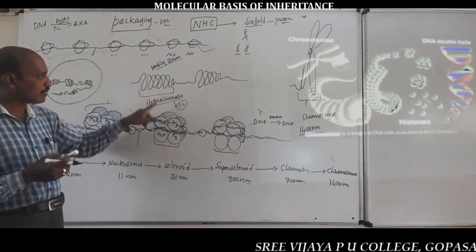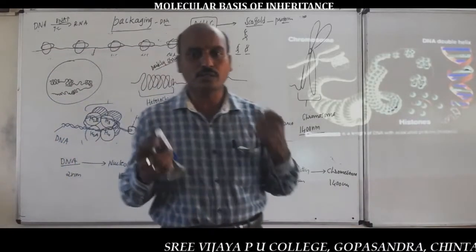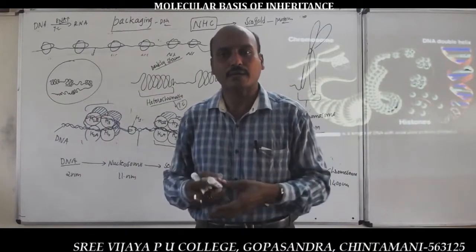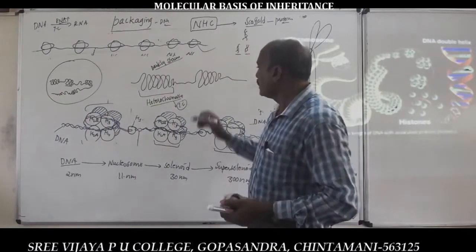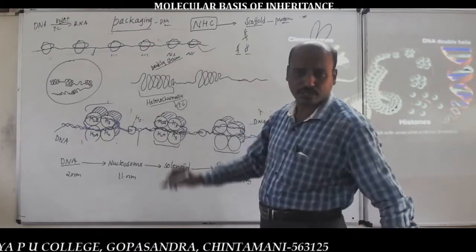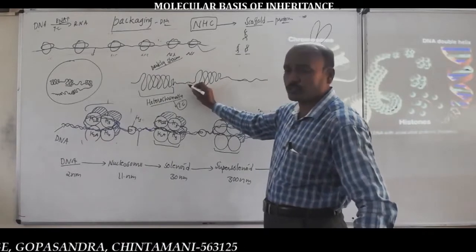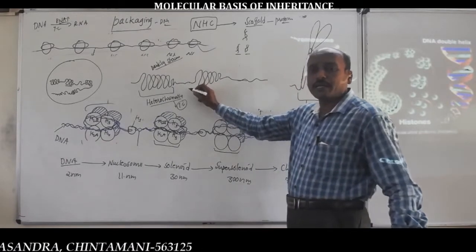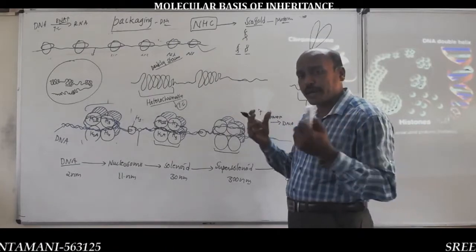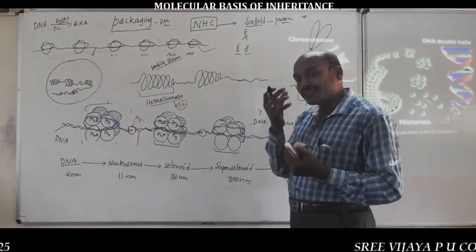So the concept of heterochromatin is transcriptionally inactive. This is due to genes being closely packed, tightly packed. You should remember this statement. Some regions of chromosome or chromatin fiber inside the nucleus are loosely packed and lightly stained.